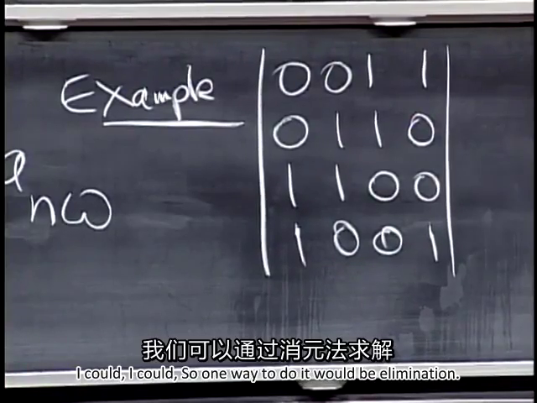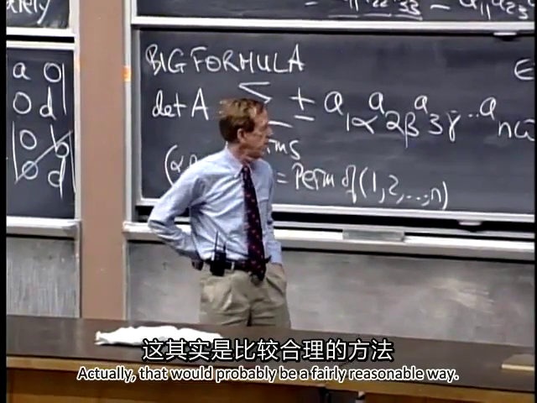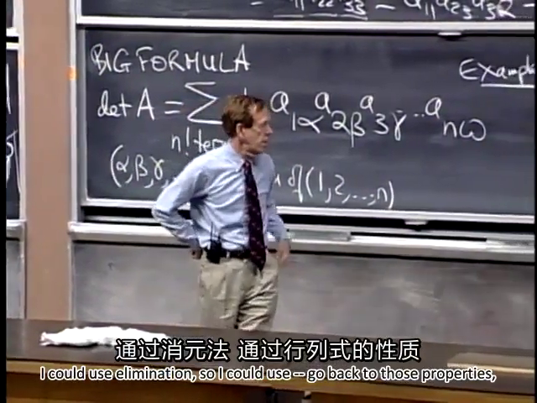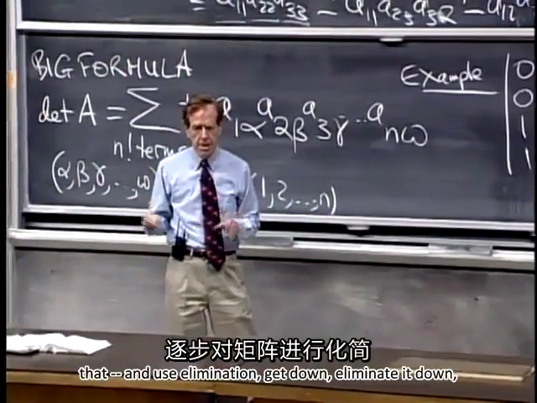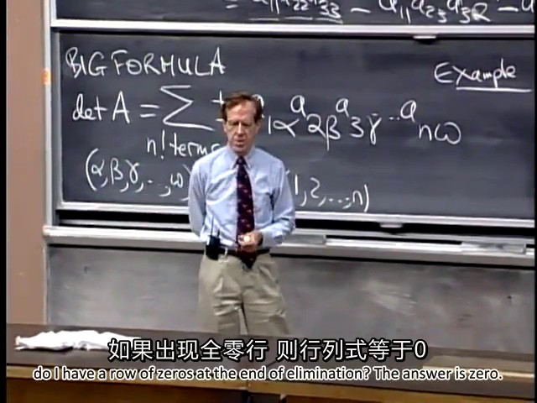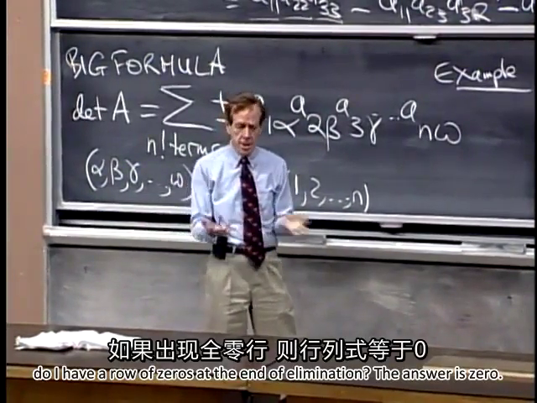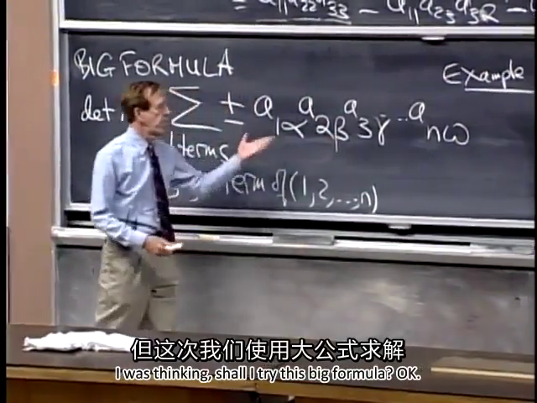So one way to do it would be elimination. Actually, that would probably be a fairly reasonable way. I could go back to those properties and use elimination, eliminate it down. Do I have a row of zeros at the end of elimination? The answer is 0. I was thinking, shall I try this big formula?